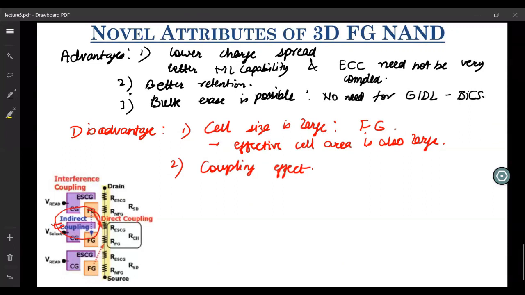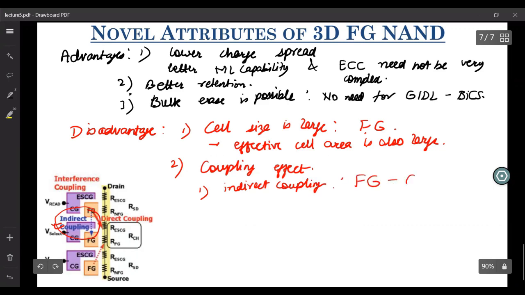So there are two components of this coupling. One is your indirect coupling, that is between FG and FG through shielding CG or shielding whatever it is. You can reduce that by using these shielding gates.